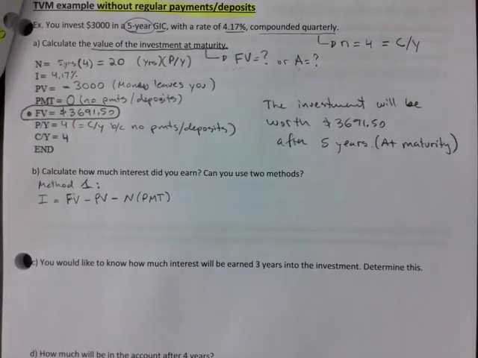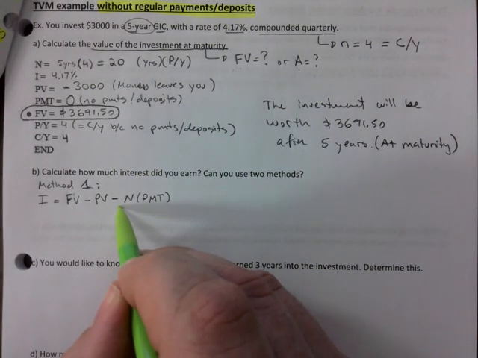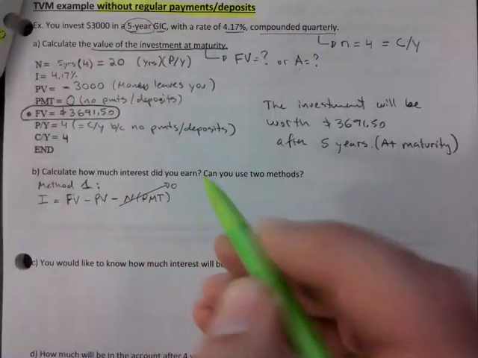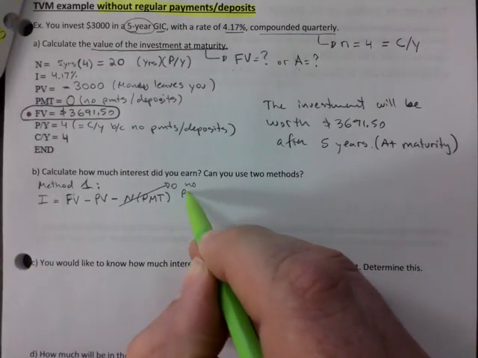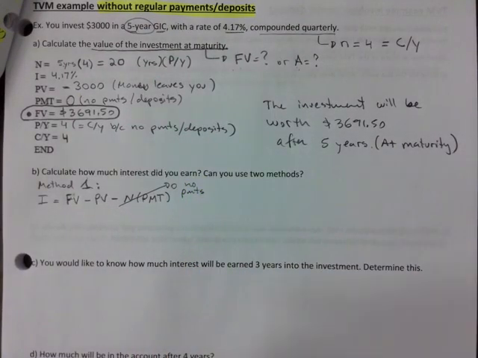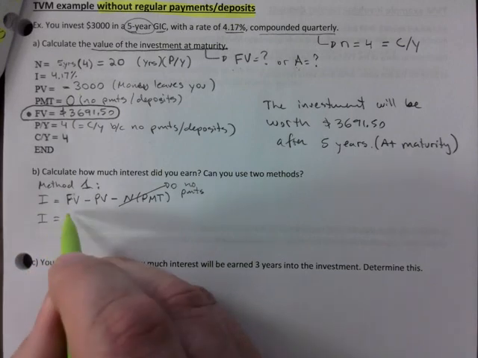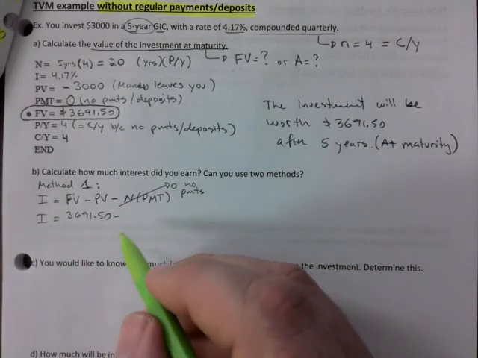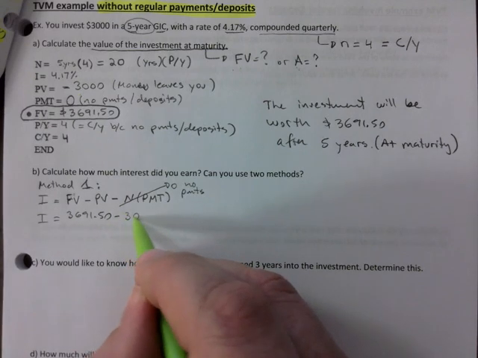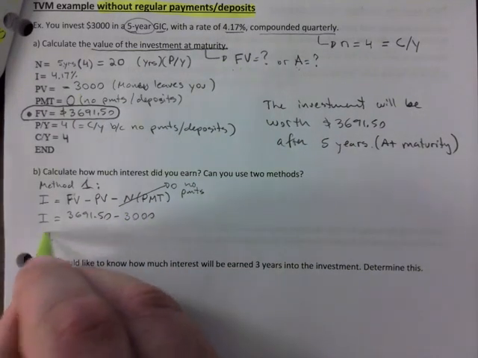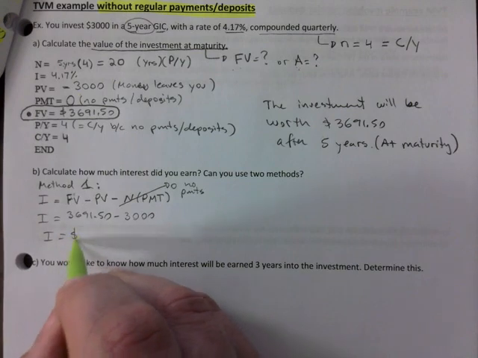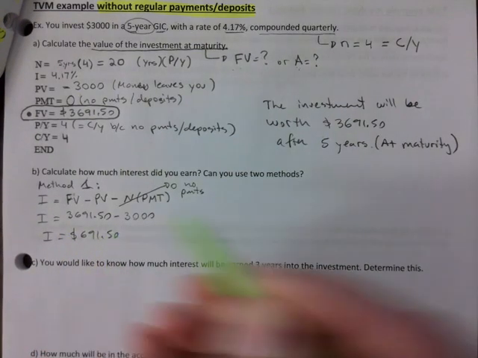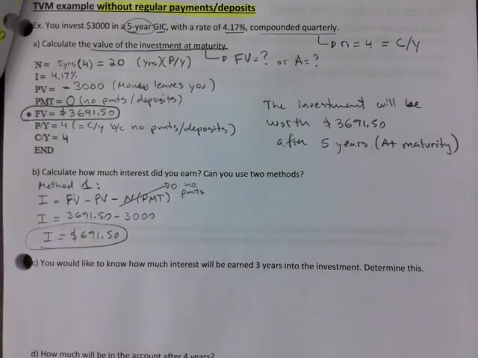This is the formula that I would like you to have, okay? There are no payments, correct? So I can actually get rid of this. No payments. So it's really just future value, which is 3691.50, minus the present value, which was the 3,000. And so it's really 691.50. Bingo.